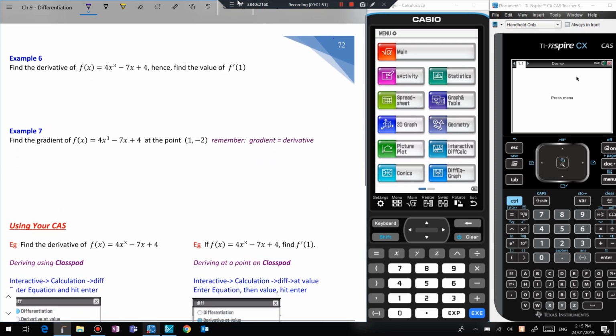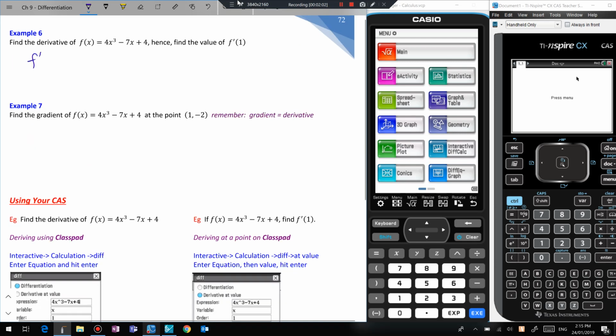Okay, here, find the derivative of that, and hence find f dash of 1. So that means find the gradient, or the formula for the gradient. So the 3 times 4 is 12x squared minus 7, and then we want to know it when x equals 1.